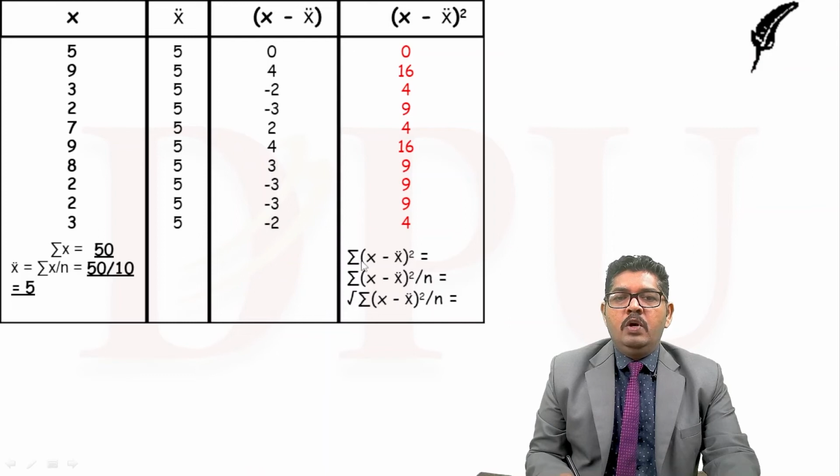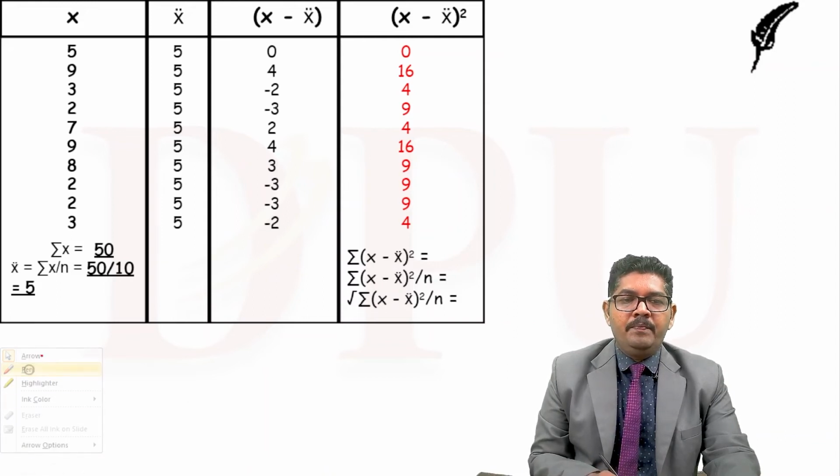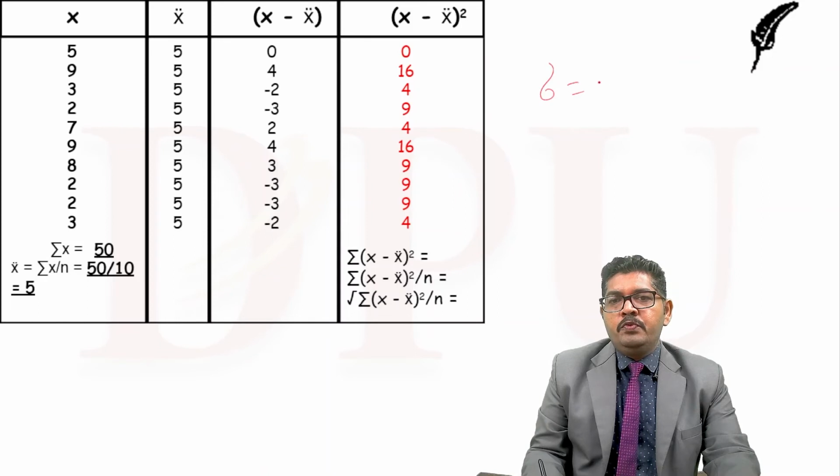Alright, so once we calculate squares of deviation, what we have to do is find the addition of squares. Again, let me write down the formula. Sigma is equal to root of summation of (xi minus x bar) square divided by n.